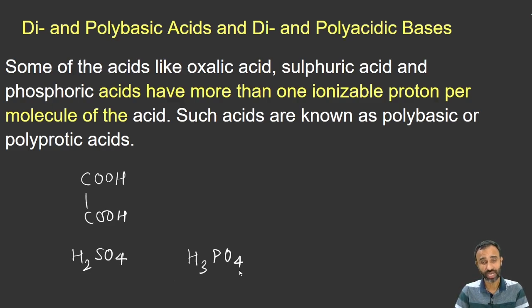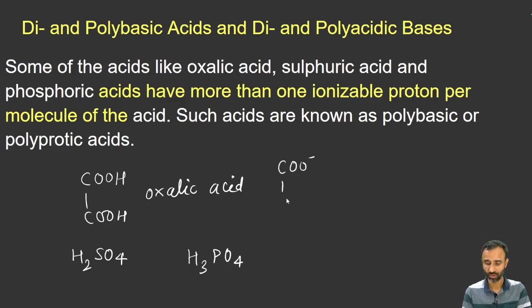So oxalic acid, when it is dissolved in water, it will give 2 H plus ions, leads to the formation of oxalate ion and gives 2 H plus ions. So that means it is diprotic acid.